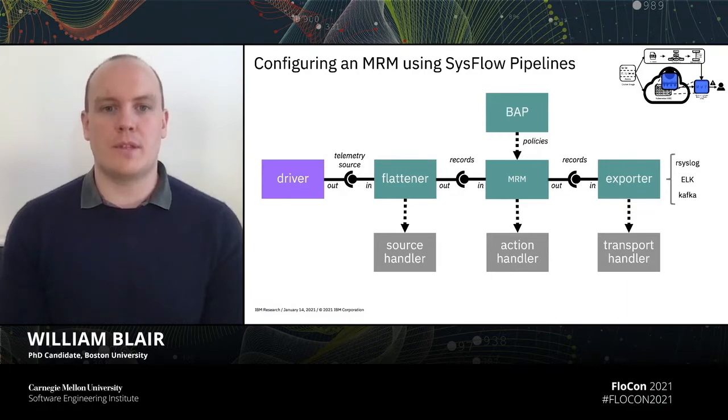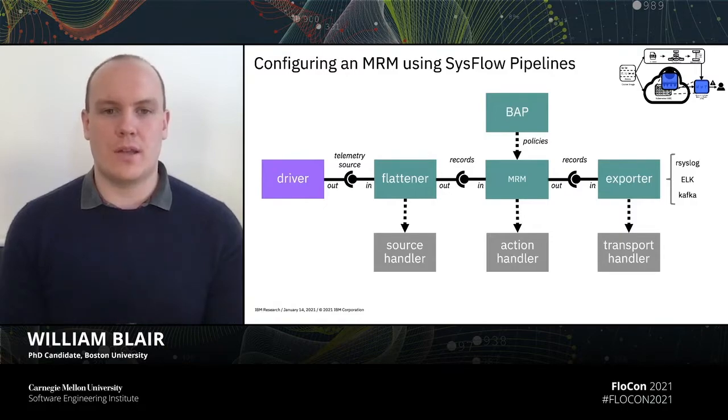The MRM's job is to identify alerts or identify records that deviate from the policies generated by BAP. So we just establish a straightforward pipeline from the telemetry source to a flattener to the MRM. The MRM also draws from policies produced by BAP in order to provide it with the models of what behavior it can expect during a program's execution. And then the records that come out of the MRM represent a signal that a possible intrusion has occurred.